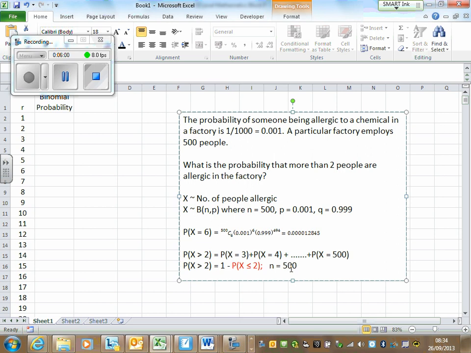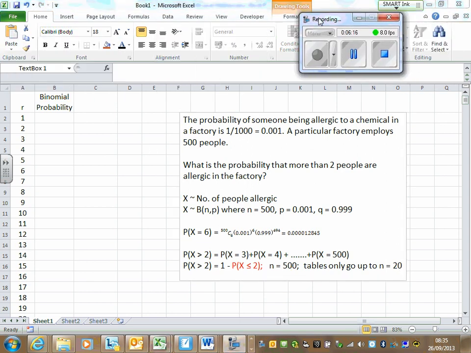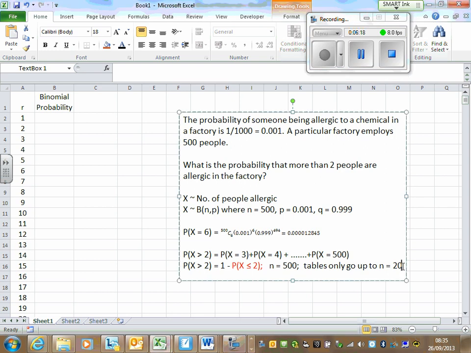Our tables only go up to n is 20. So we've got a problem here. We've got a massive binomial distribution. How's this going to work?